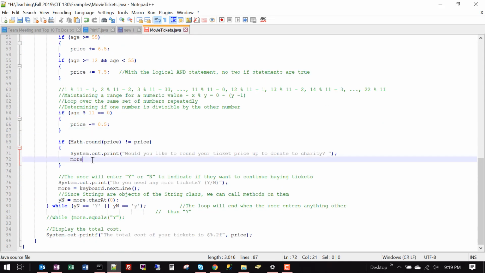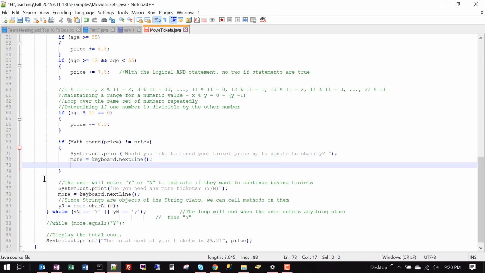What we'll do here is we'll say more equals keyboard dot next line. And in fact, I can do the same thing again, and then we can say yes, no equals more dot char at 0, which will give us the first letter off of that.